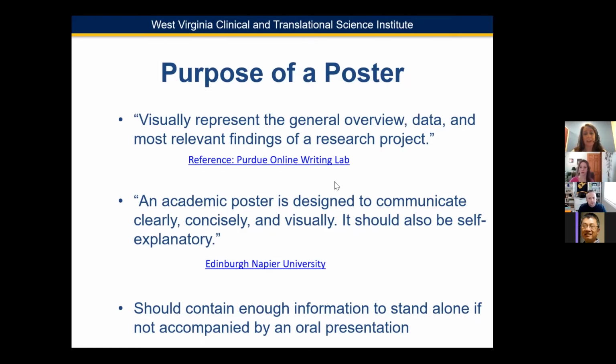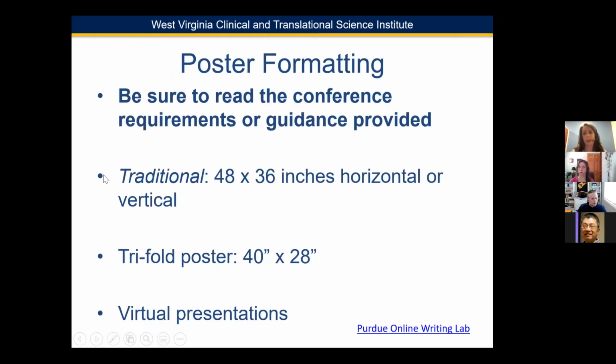And it should contain enough information that if it stands alone and you're not there to also explain things that are on the poster, somebody could come up, take a look at it, read through it, and still have a good understanding of the purpose of your study, the methodology of how you approached the research question or community-based project that you had, what you identified as the most relevant findings, and then a little bit about what are the implications of that, including any limitations.